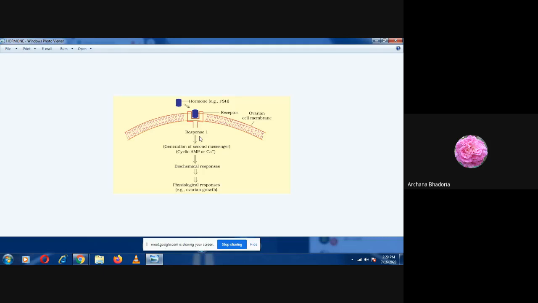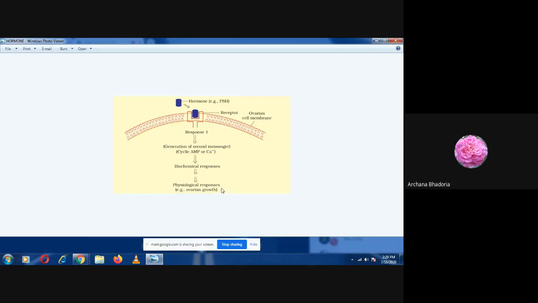After response 1, the generation of the second messenger occurs, and as the second messenger is generated, the biochemical responses will be seen in the cell. And after the biochemical responses, the physiological responses will be shown by the cells.